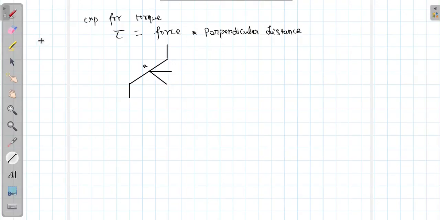One more term, magnetic moment, they have mentioned; that we will come to. Magnetic moment, magnetic field, and these are all forces, and the length is A. Now the perpendicular distance. The perpendicular distance is nothing but this one.